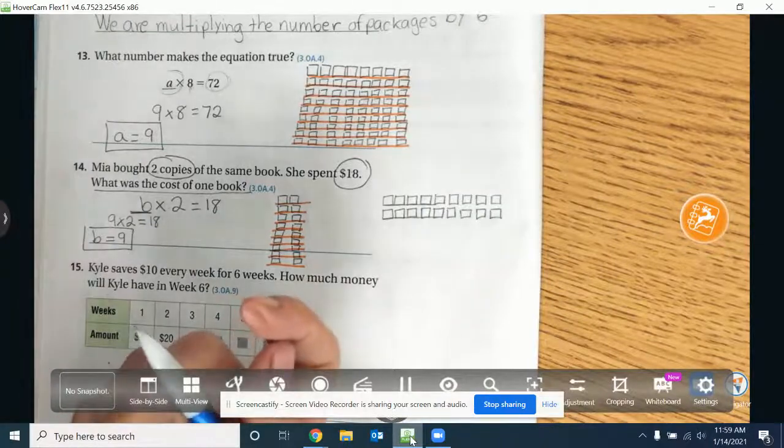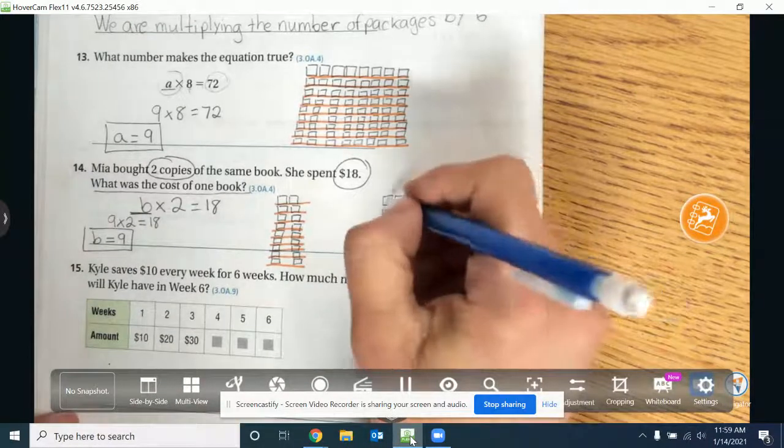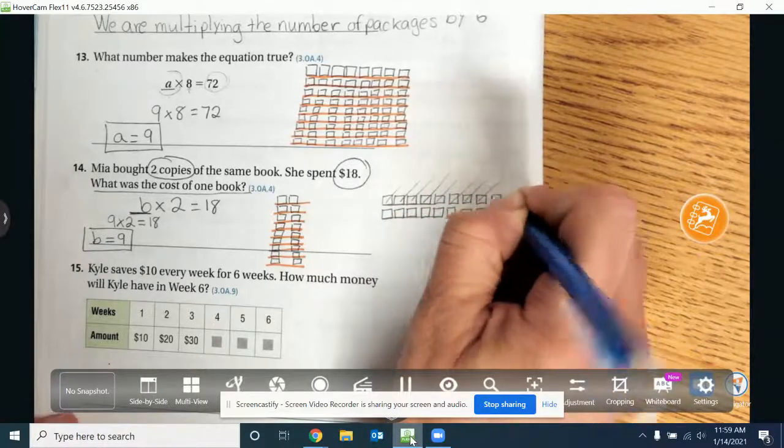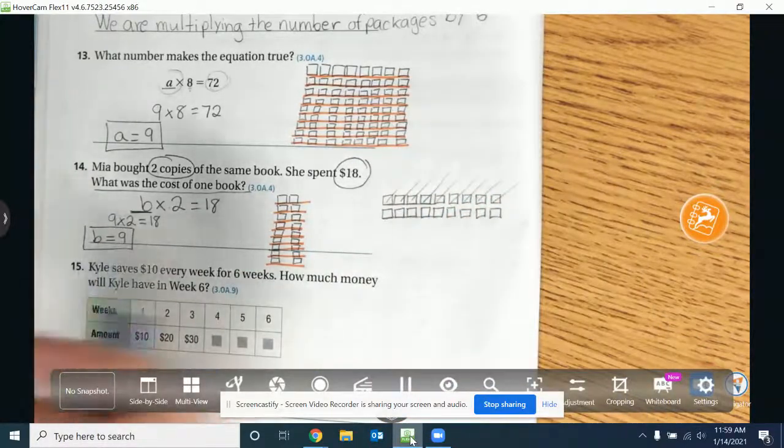And how many boxes did we do in each row? 1, 2, 3, 4, 5, 6, 7, 8, 9. You still come up with the same answer.